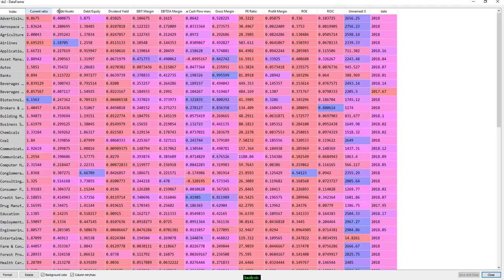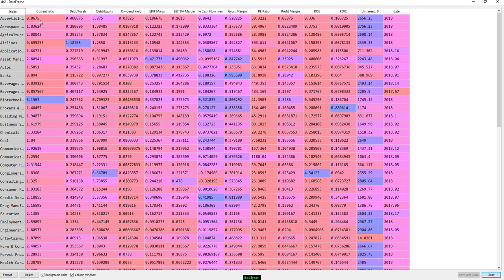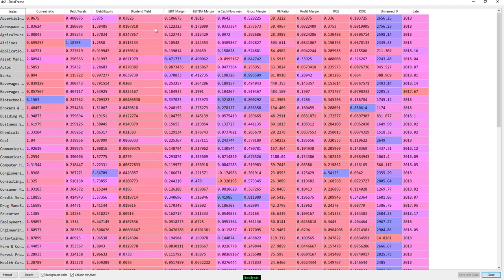So advertisement, current ratio. This company is selected. So this is the company, not every single company. They're the ones that are working and producing and generating money. So I want this one to be my above average company.